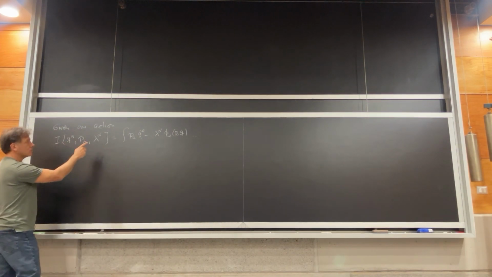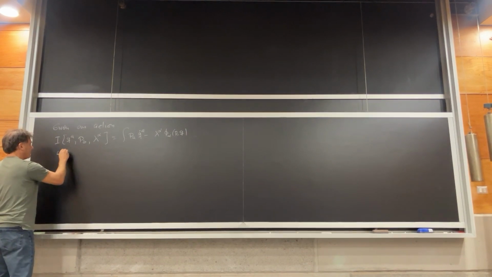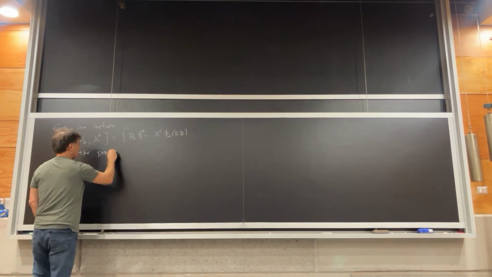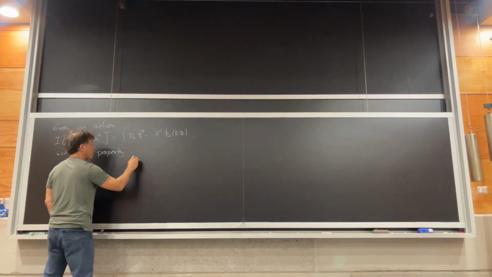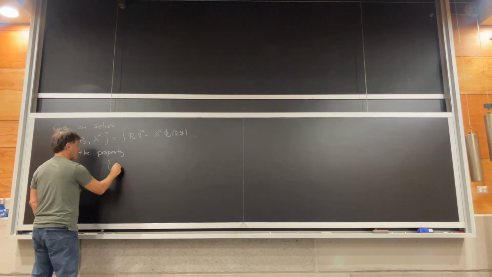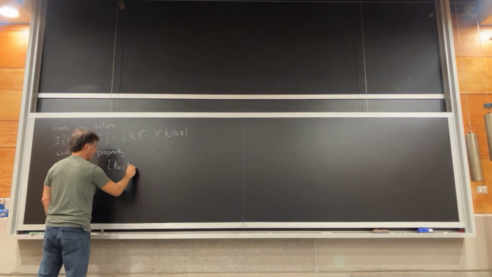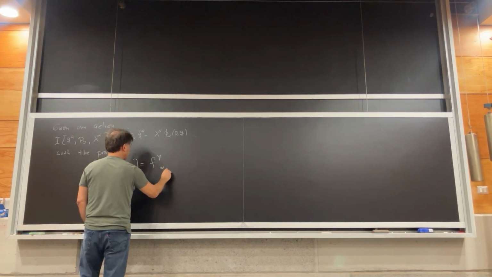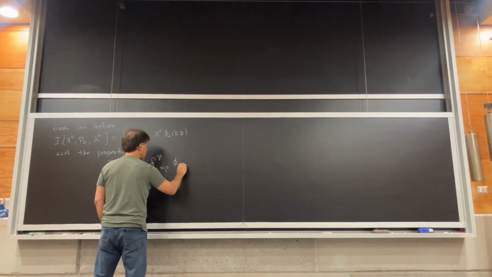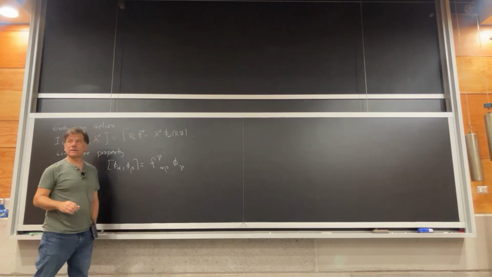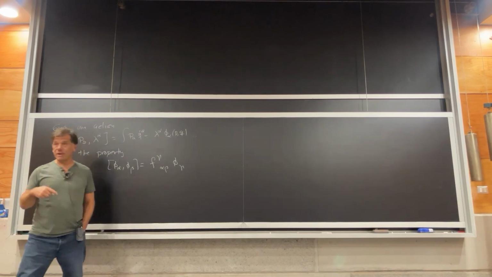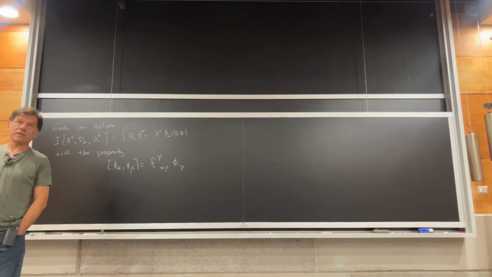Okay, so given an action with a property that the Poisson bracket of the constraints closes. This function depends on the p's and the q's, so the Poisson bracket is well defined.